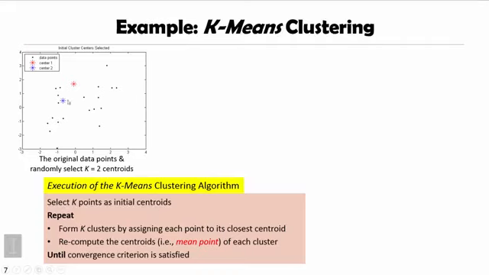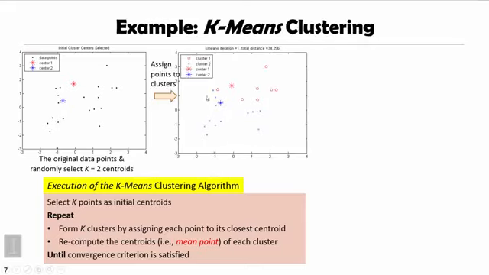Now k is 2, so we select 2 initial centroids. Once we select these, we form k clusters by assigning each point to its closest centroid. Now you can see we assign these black points either to the red centroid or to the blue centroid. That's the current assignment.